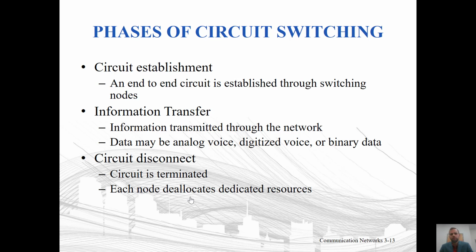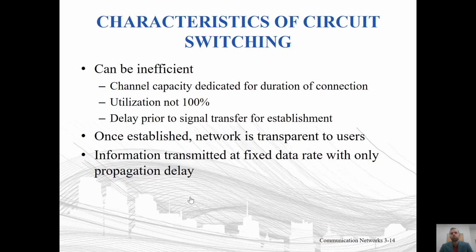Information gets transmitted through the network, and the data may be something like analog voice, digitized voice, or even just binary data. Once the information transfer is complete, there's a circuit disconnect step where the circuit is terminated, and each node deallocates dedicated resources. Okay, so circuit switching compared to packet switching is viewed as being a little bit inefficient.